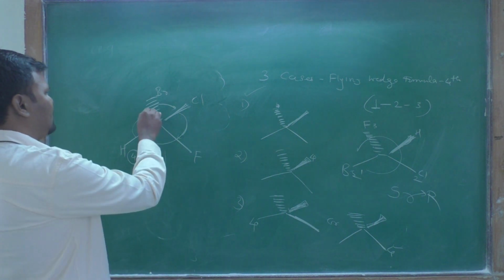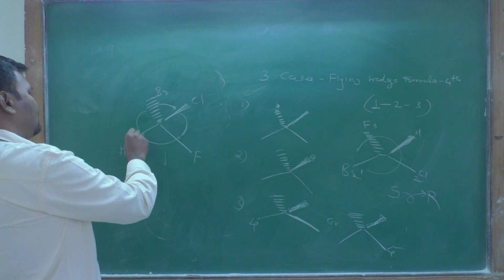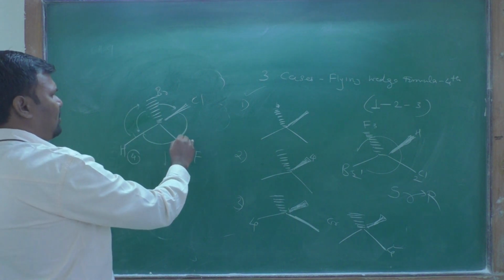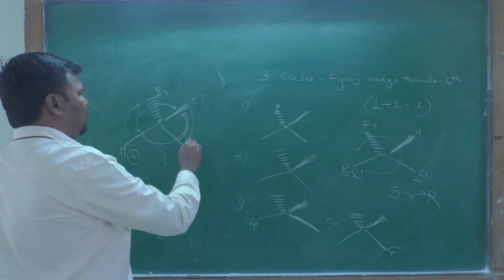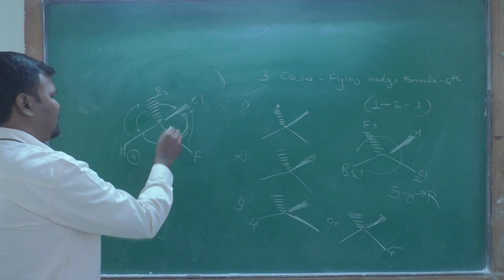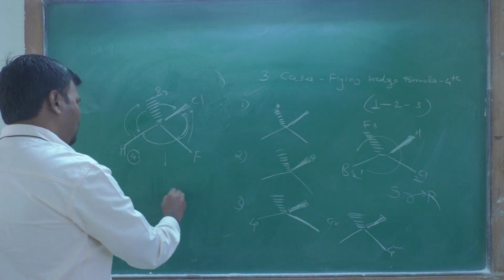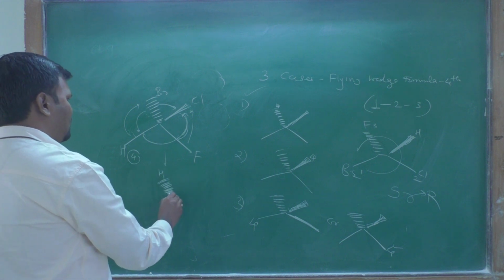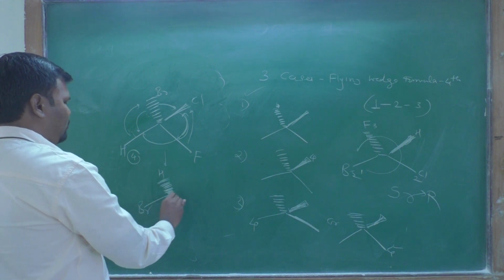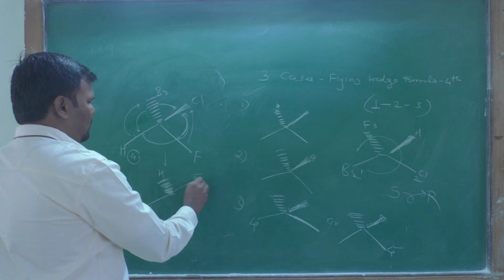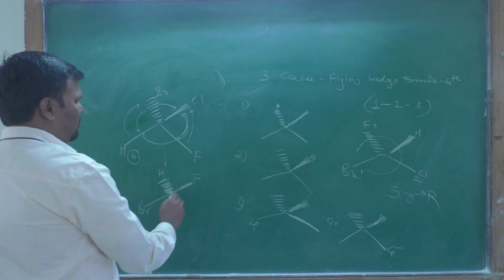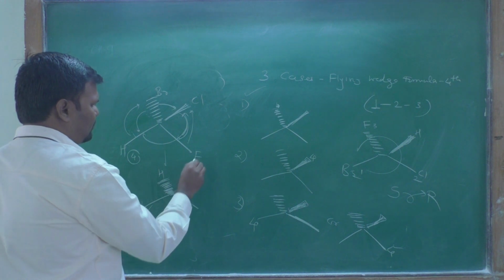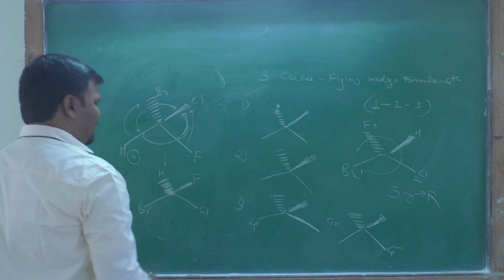In this case, you exchange bromine to hydrogen and hydrogen to bromine, and chlorine to fluorine and fluorine to chlorine. That way, two exchanges within one step we have performed. Therefore hydrogen is there, bromine takes the position of the hydrogen, and in place of fluorine there should be chlorine.